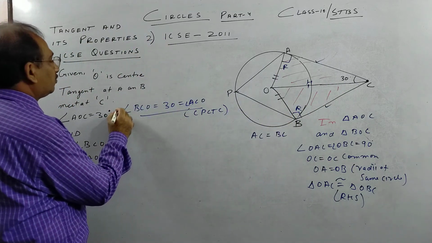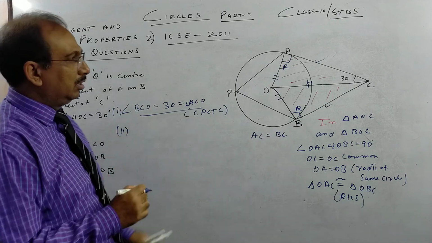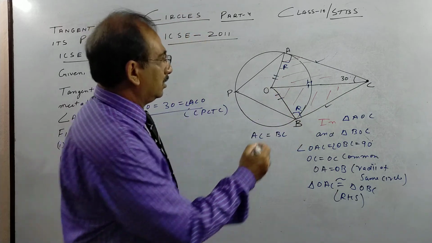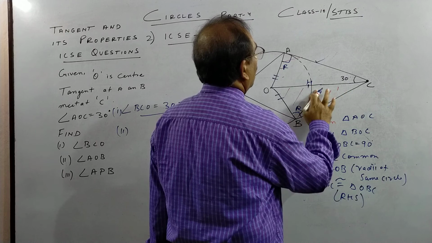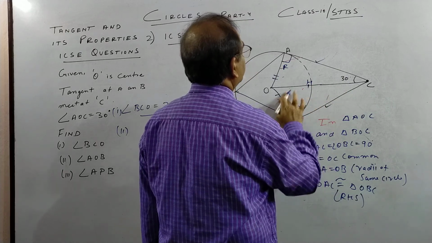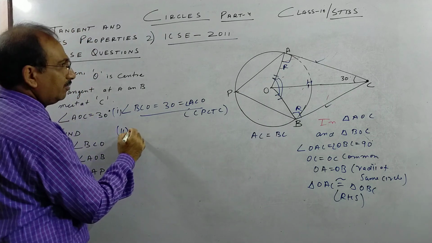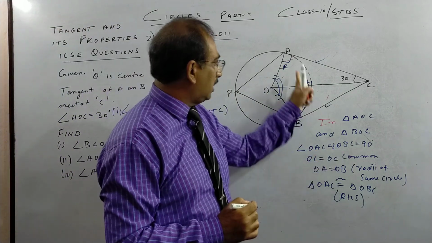So this is the proof of the theorem. Okay, so the first part we get by congruency. Second part, children, angle AOB, this full angle C. So here I'll rub this, we have proved congruency. Now if you see this angle, these two are 90 degrees. Here I wrote OAC and they are 90.